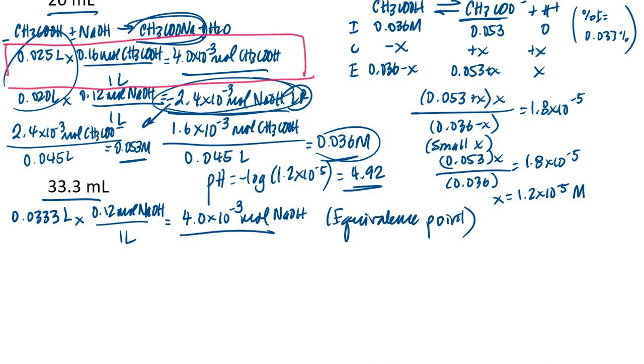Now, for a strong acid, strong base titration, if you recall, the pH at the equivalence point is 7. But since this is a weak acid, strong base titration, we're not going to get that same pH value. Since the acid was weak and the base is strong, I should be expecting a pH that is higher than 7 at the equivalence point.